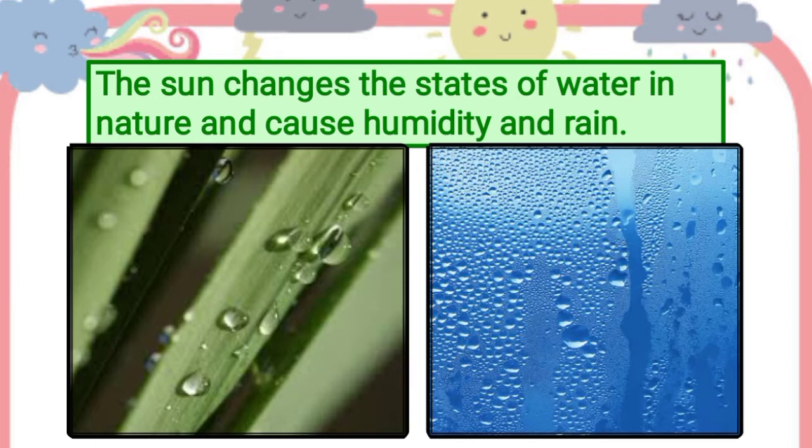Now let's understand humidity and rain. Have you ever felt the air just outside of a hot bath or shower? It feels wet, but you cannot see any water in the air. Really there is water in the air, but it is in the form of gas, and this kind of water is called water vapor.